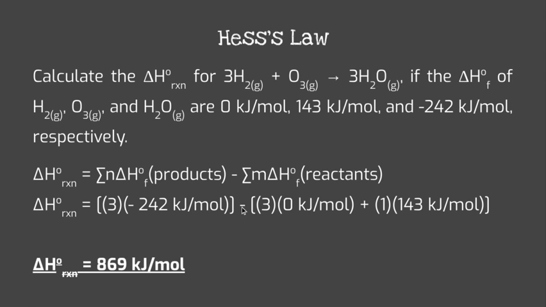Then we need to subtract from it all of the reactants multiplied by their respective coefficients. For example, 3 and 0 for the hydrogen gas, and 1 and 143 for the ozone. So by putting it in your calculator, we will get 869 kilojoules per mole.